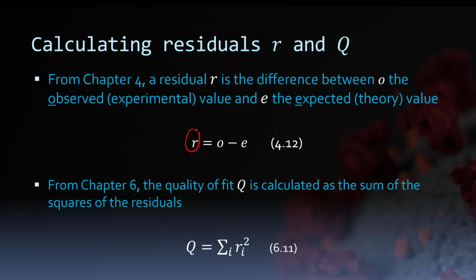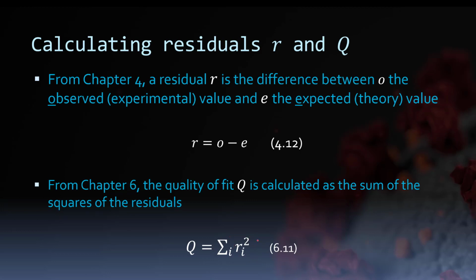So square r to get r squared, and this symbol here means take the sum of all of them. So this is the sum of the squares of the residuals. Who knew?